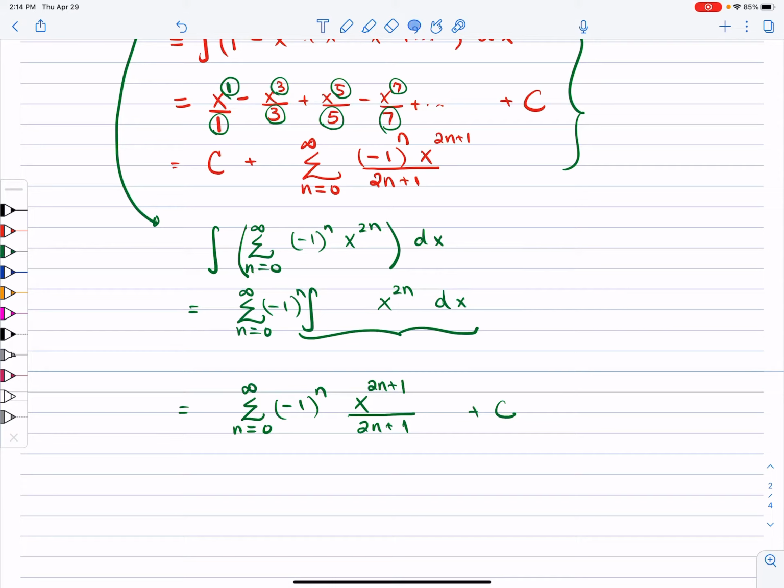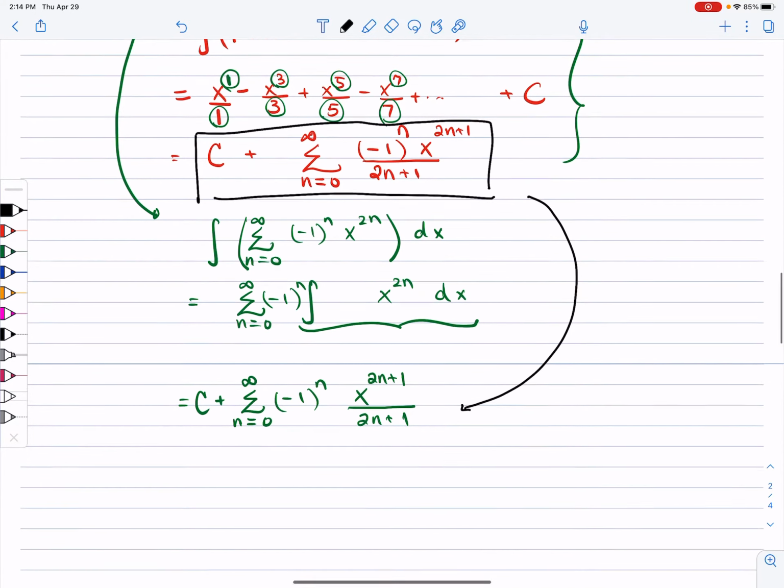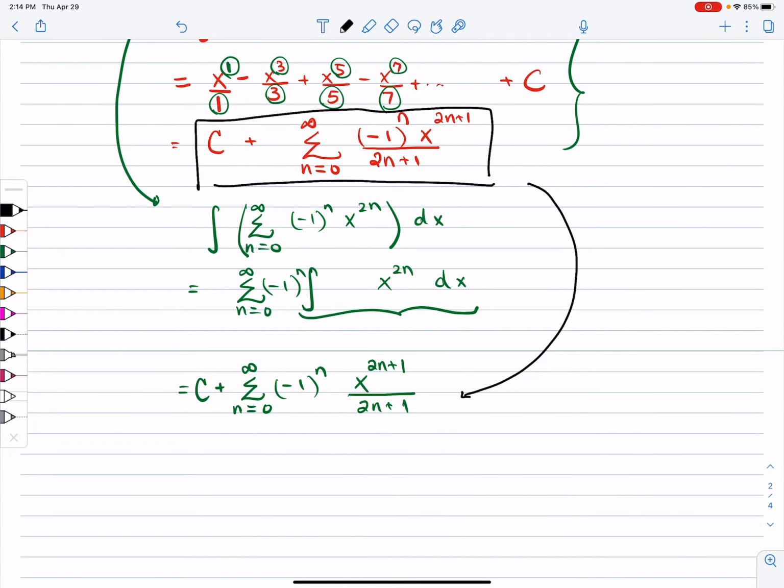And again, I'm going to write that constant at the very beginning. So we can say c plus. So I want you to notice that when you expand it, it gave you the exact same answer as when you integrated the series here.